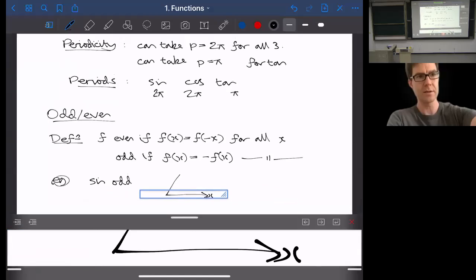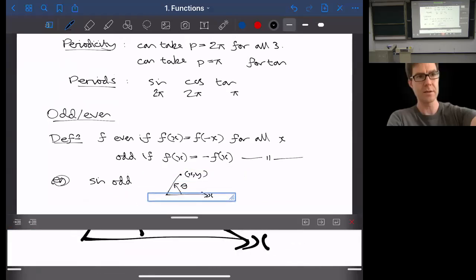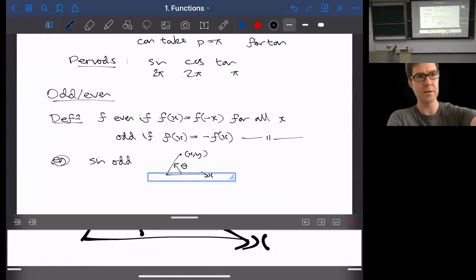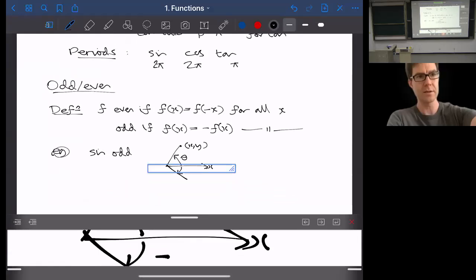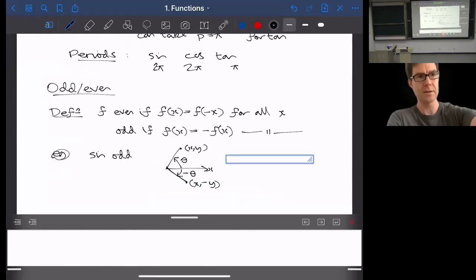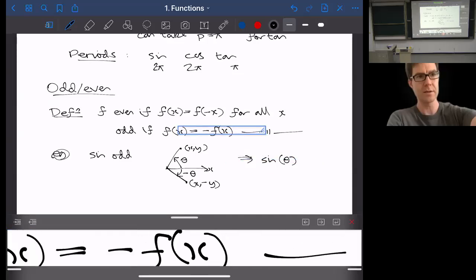Some angle theta this way gives me the point (x, y), but so that implies that sine theta, oh, I made a mistake here, I need to put in a minus.